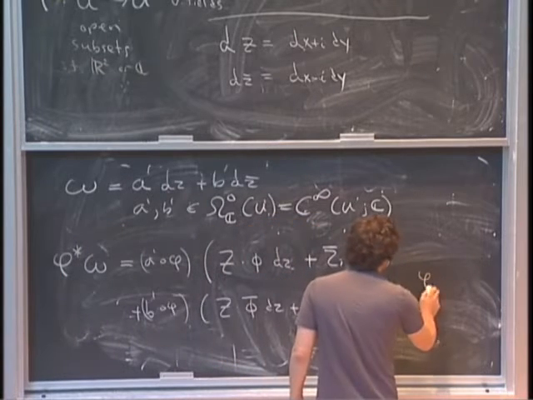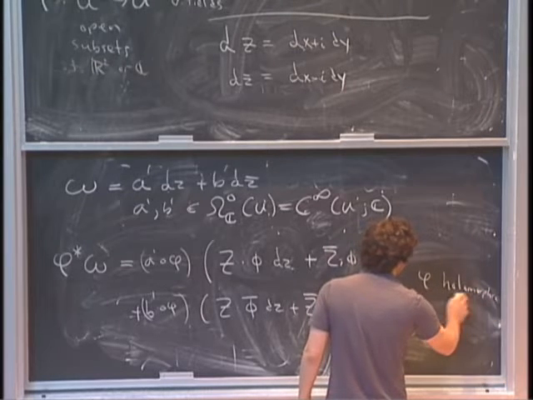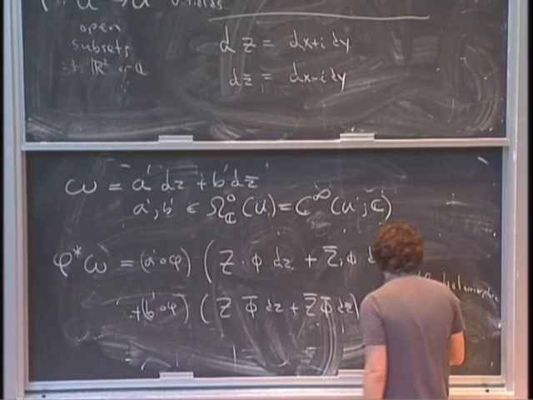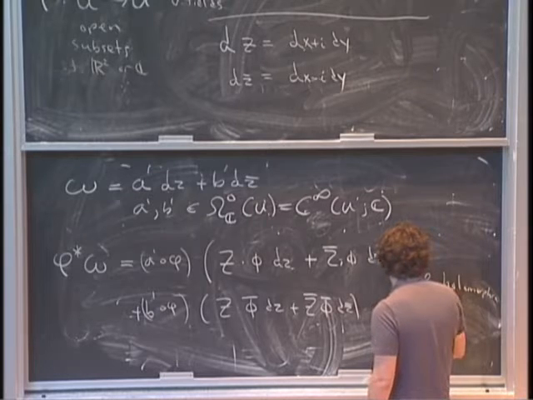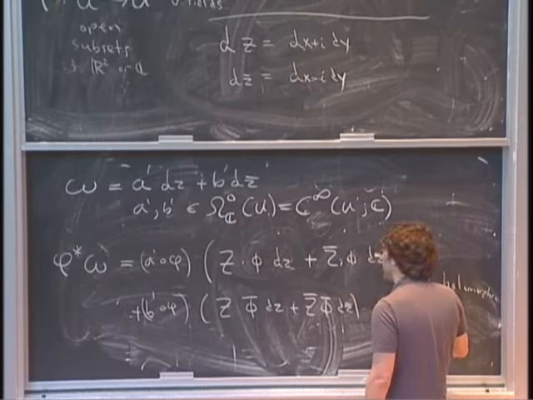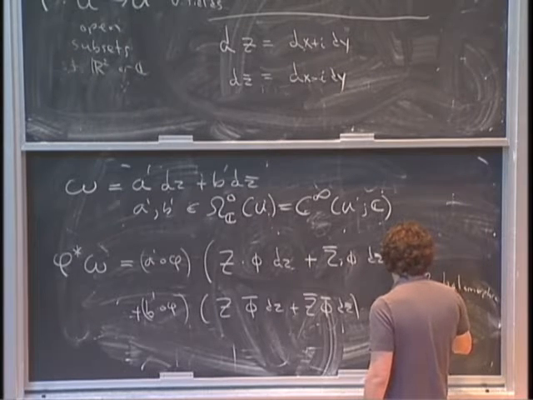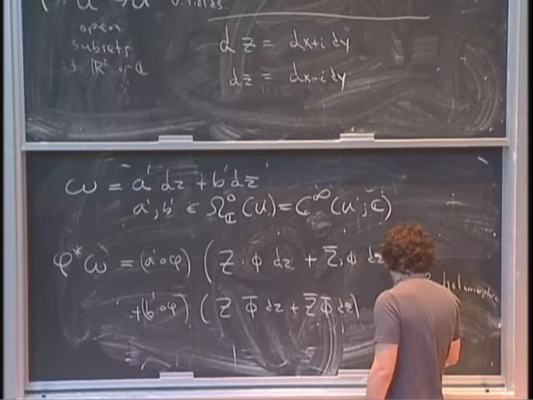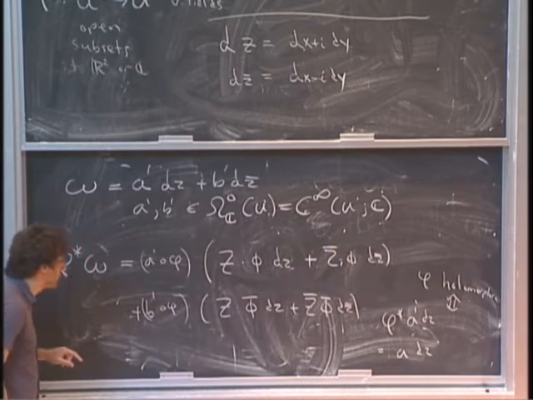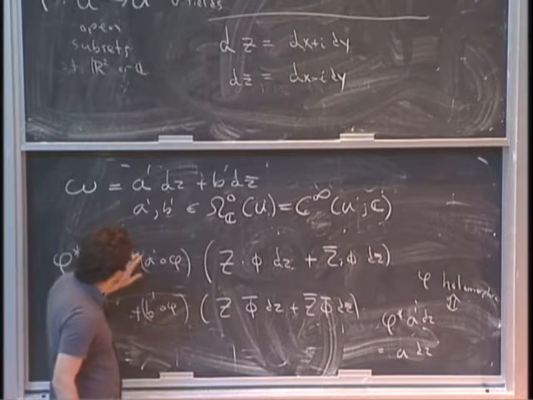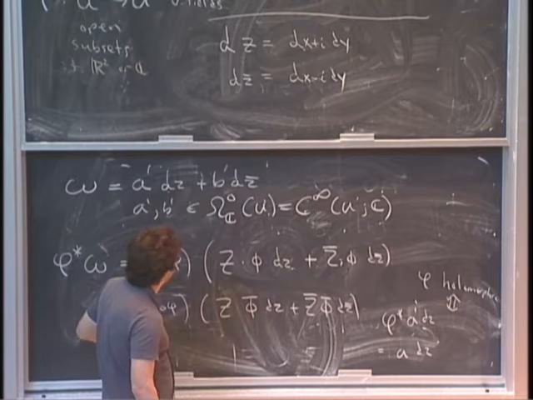If phi is holomorphic, this is essentially equivalent to saying that the pullback of a' dz is equal to some a dz, with a determined by the formula you see here. You get this term, and the other term would be 0, and b' is assumed to be 0, so you never see that term.